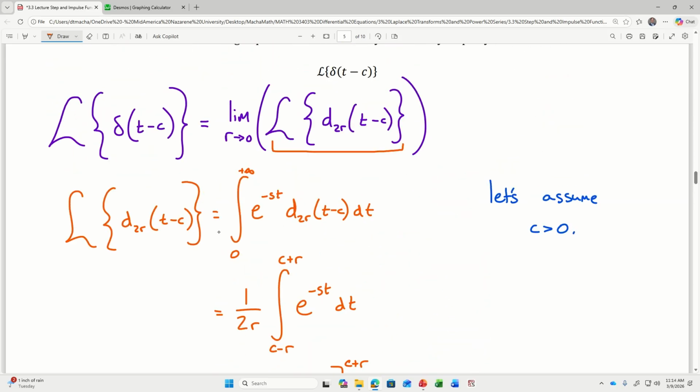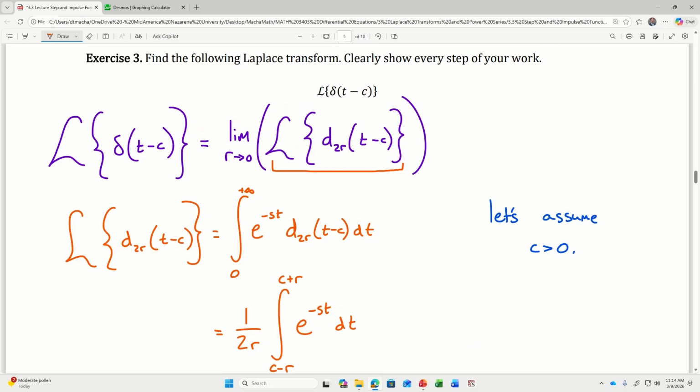Now we've got to remember that what we're actually trying to find is not just this Laplace transform that we figured out down there, but also we're taking the limit as r approaches 0 of this Laplace transform. So now let's take the limit of that thing as r approaches 0.